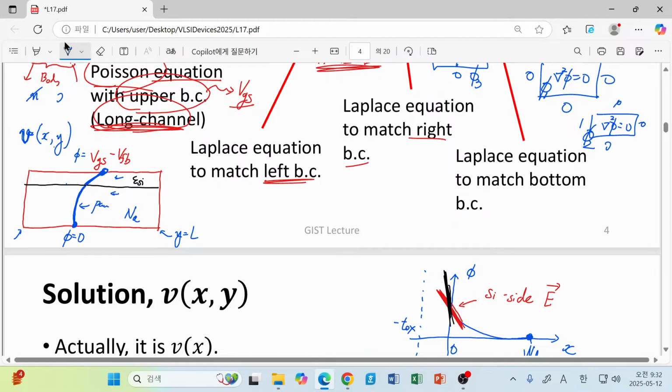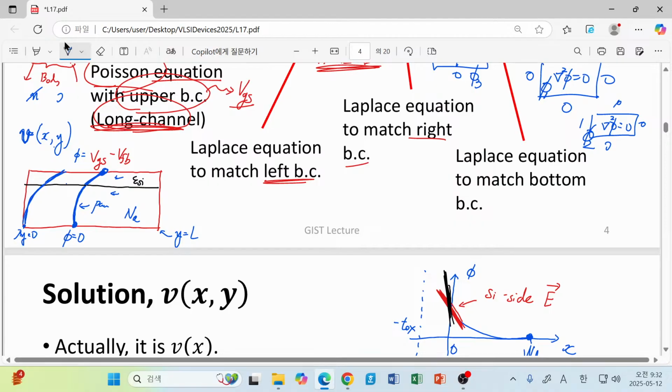We will just have the same value everywhere. It means that even when y equal to 0, we will have a potential that looks just like this. That will be the potential drawn at the y equal to 0 side.